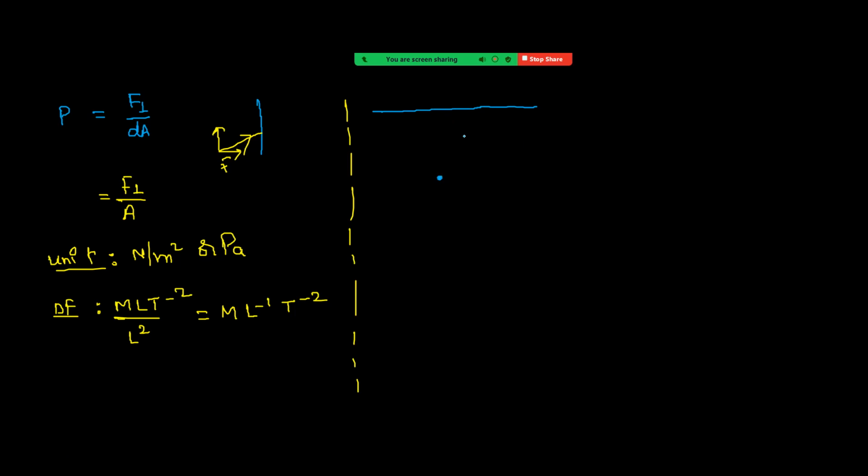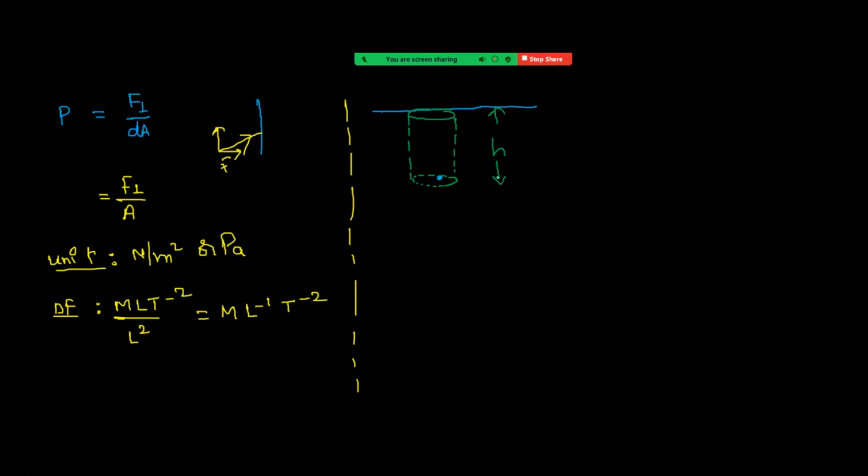Suppose the depth is h. Just imagine one cylinder of length h, because we want to calculate the pressure at a depth h.